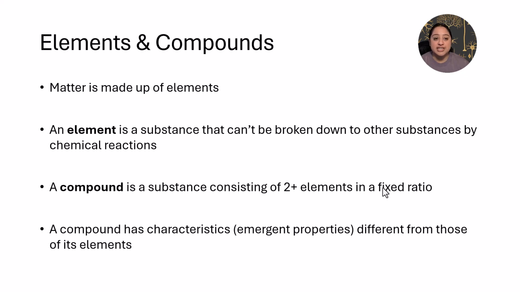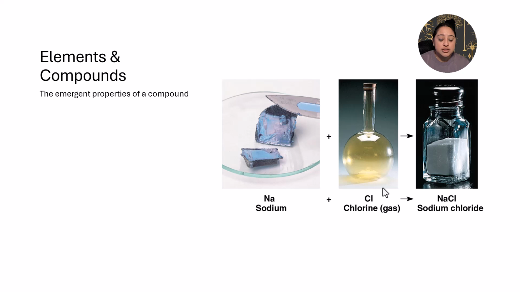An element is a substance that can't be broken down to other substances by chemical reactions. A compound is a substance consisting of 2 or more elements in a fixed ratio. And a compound has characteristics that are different from those of the elements that make it up. So this is an example of a combination of 2 different elements, sodium and chlorine.